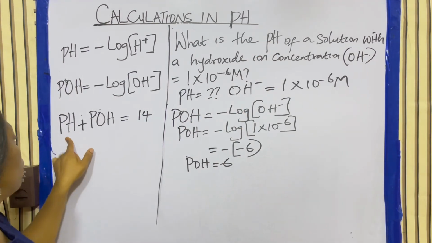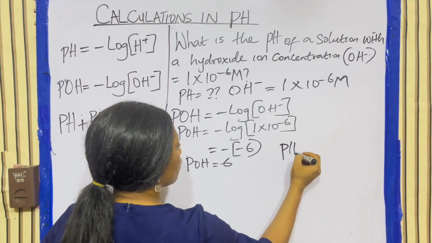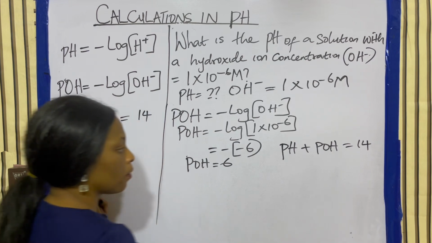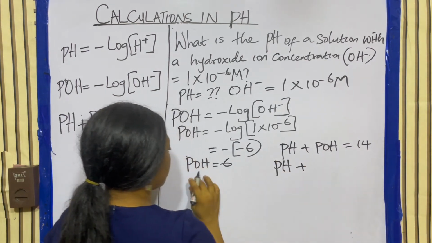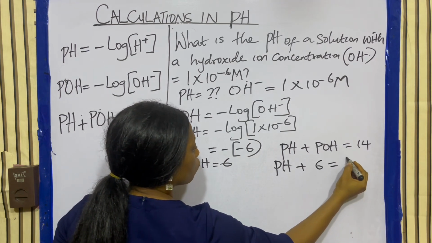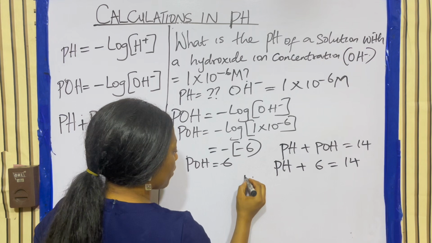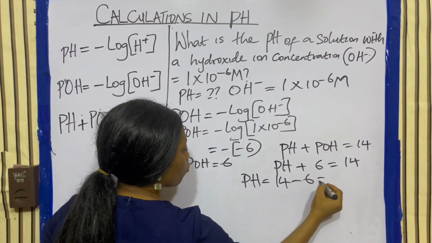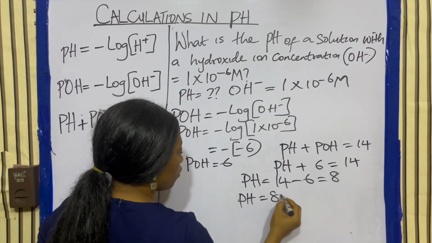So we're going to adopt this second formula, which says pH plus pOH is equal to 14. So we're looking for pH. pH plus pOH, which is 6, is equal to 14. So we do our simple mathematics. pH is equal to 14 minus 6, which will give us 8. So pH is equal to 8.